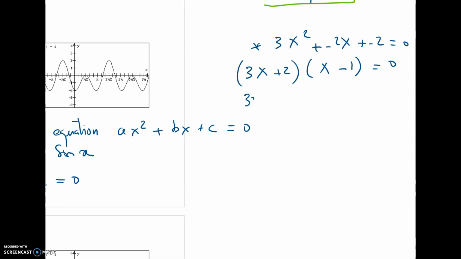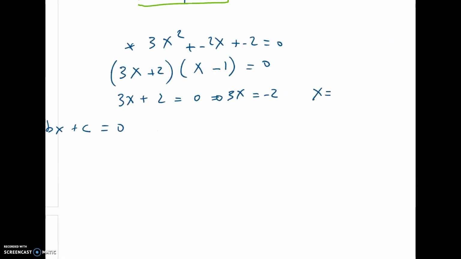You end up with 3x plus 2 equals 0. So 3x equals negative 2. That means x equals negative 2 over 3.